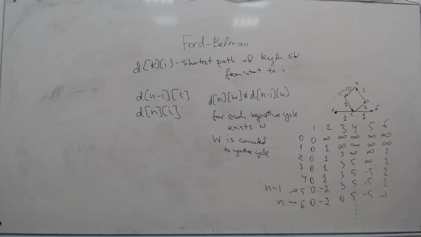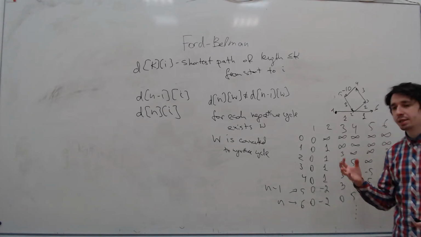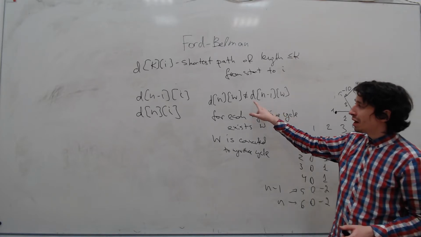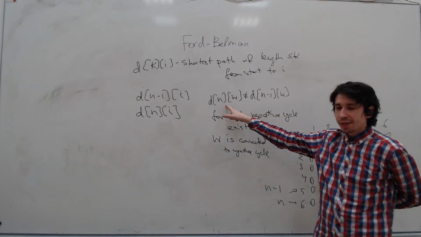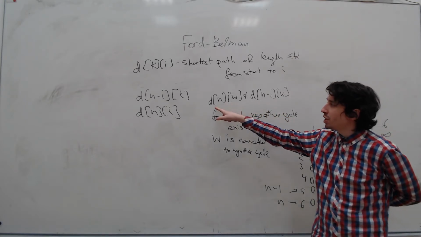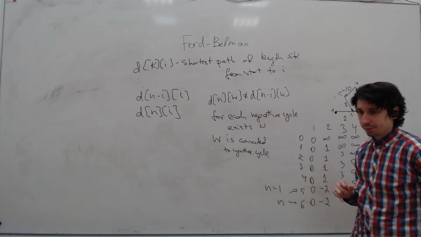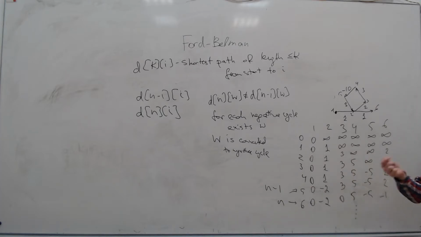So, how to find whether a vertex doesn't have the shortest path? We simply run one more iteration and take all the vertices for which the distances are not equal. This means that this vertex is reachable from the negative cycle.